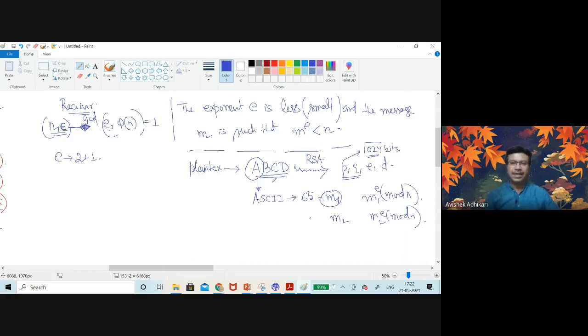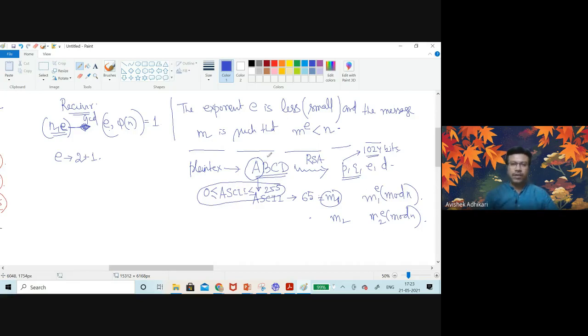So you can encrypt each character, because ASCII values lie between 0 and 255. Altogether 256 characters are there, which are the standard characters. Each of these characters can be converted into its corresponding ASCII value, and those values can be thought of as M1, M2, M3.